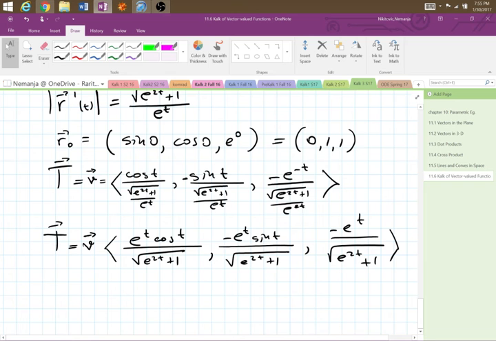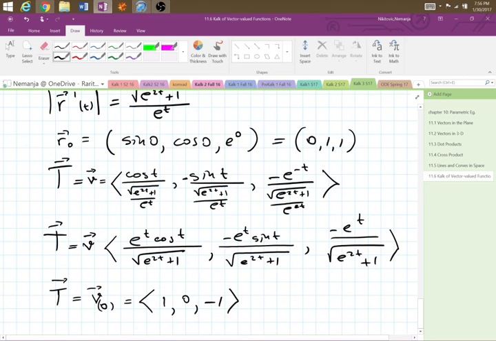Now we're supposed to compute this at, right, for vector v. We compute this at 0. So we get the first one is 1, 1, 1, so 1. The second one is 0. And the third one is negative 1.